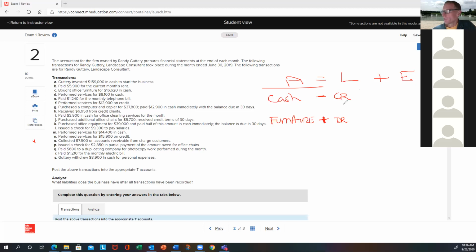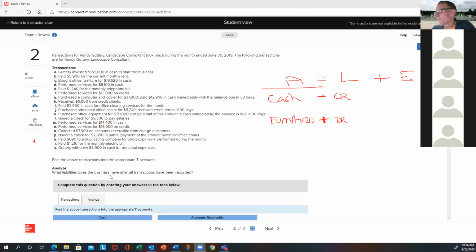Your first step is to write out the equation and classify what accounts are being affected. Then ask what's increasing and decreasing, and as long as the accounts are classified appropriately, follow the debit and credit rule.